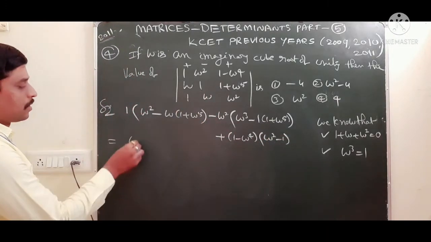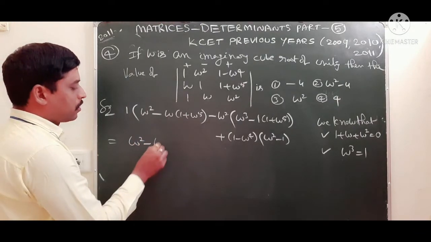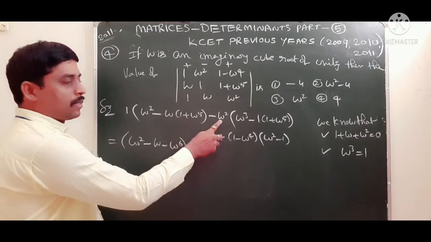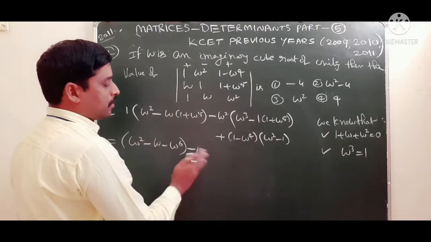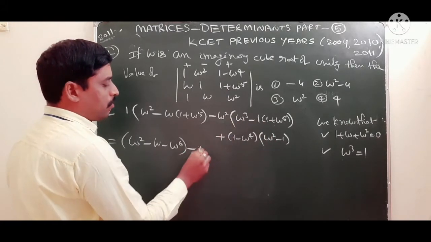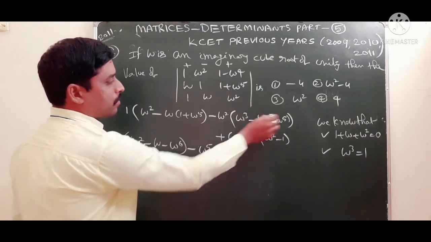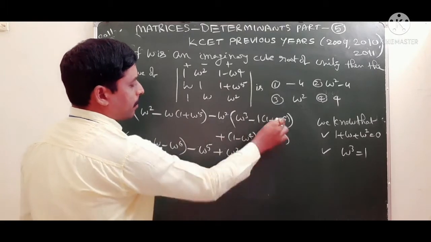Omega square minus omega multiplied by 1 plus omega power 5 minus omega power 6, minus omega square multiplied by this value, omega square into omega cube, omega power 5; minus into minus is plus, so omega square into omega power 7.